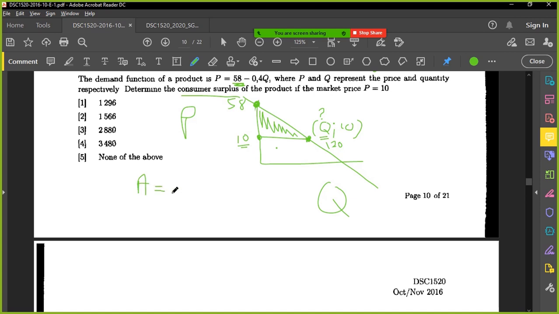I think it's half B. I can't remember it, that's all I can remember. Half base times height. Okay, let me help you remember this. If you had a triangle, or not a triangle, a rectangle or a square, how do you work out the area? Base times height, do you agree? Yes.